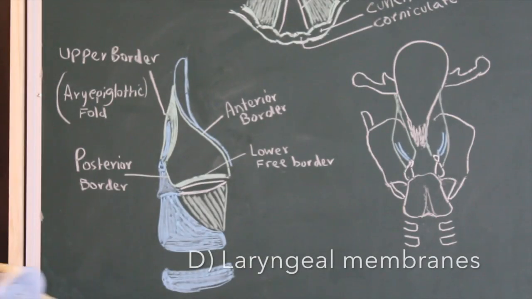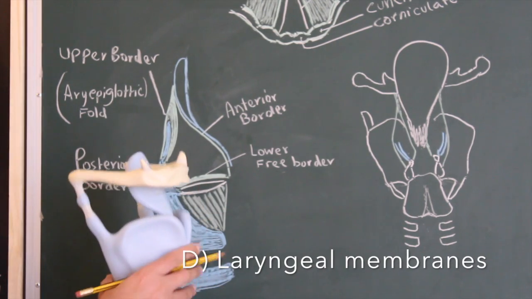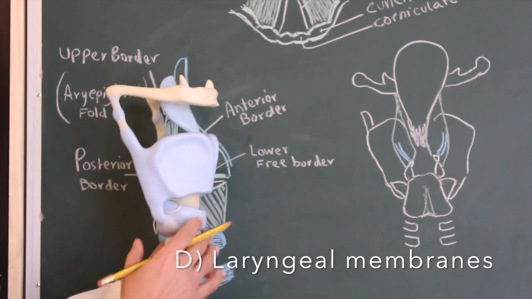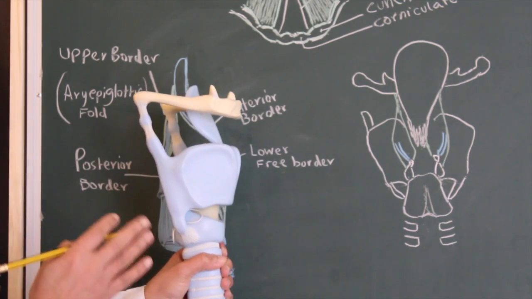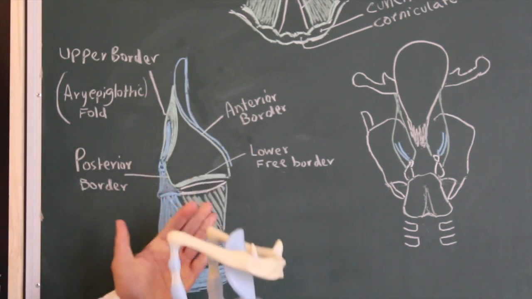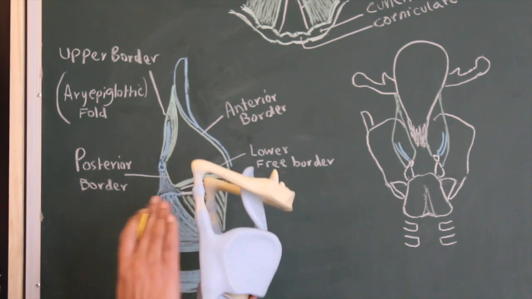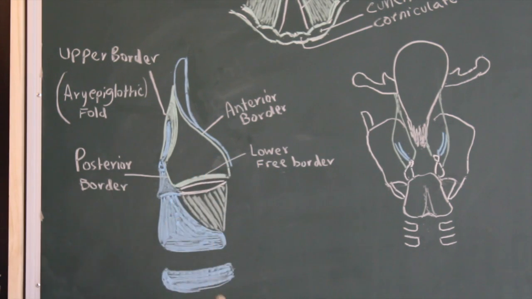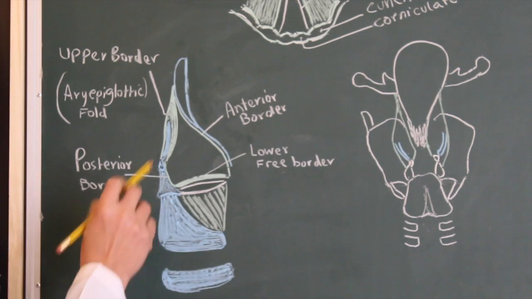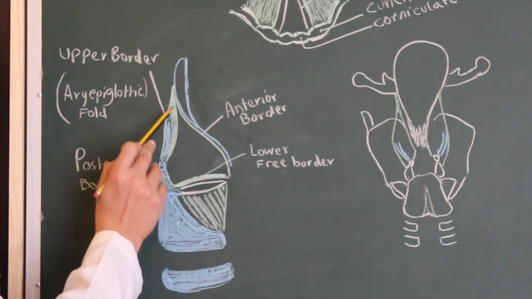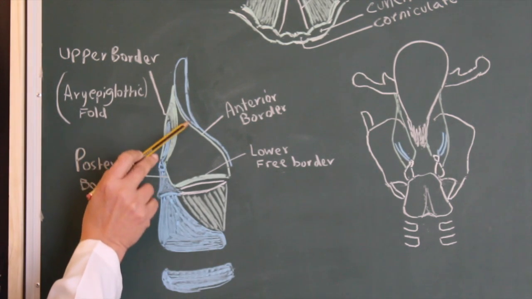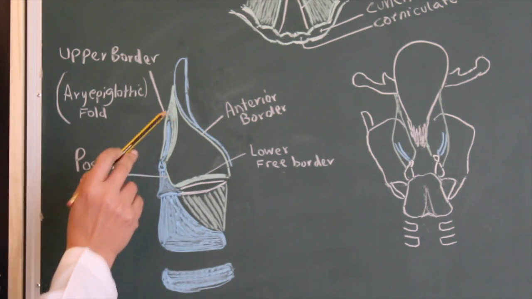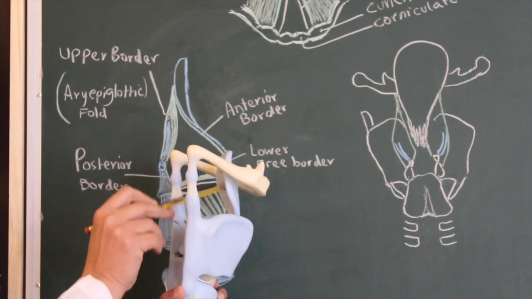Okay, now look at this drawing. Picture this as the larynx, and you have sectioned it and are able to see the inside after removing the side wall. This structure is the quadrangular membrane. Here is the epiglottis and the inferior surface of the epiglottis, which is the laryngeal surface.